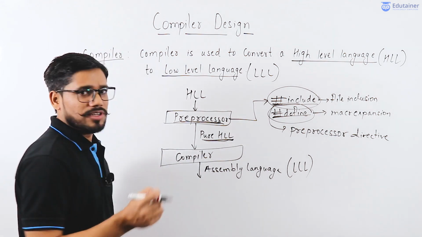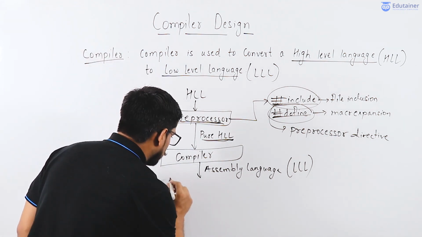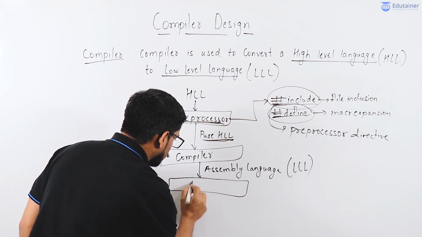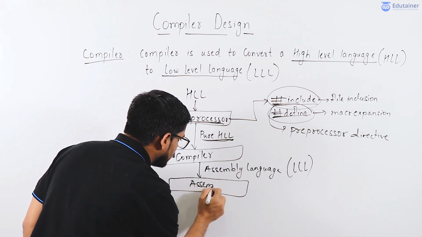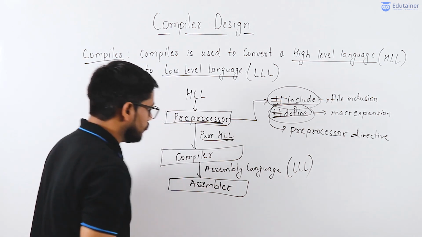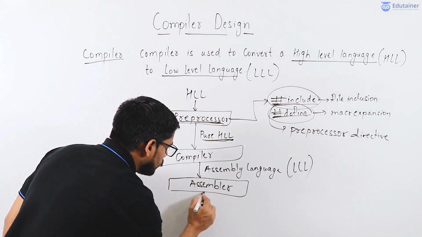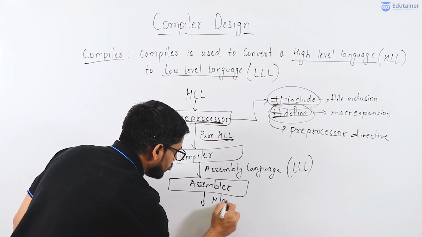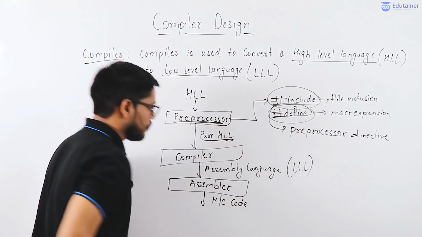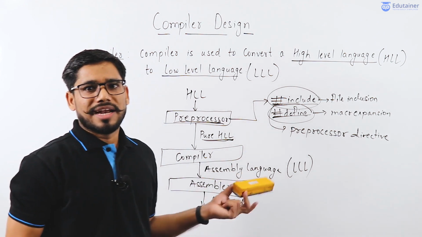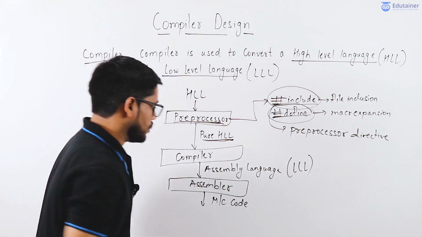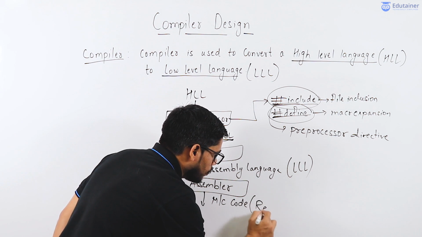So it needs to be converted by the assembler. The assembler is also a translator, which converts assembly language into machine code that can be understood by our computers. But this machine code is relocatable.